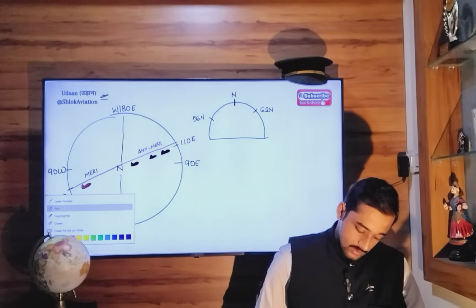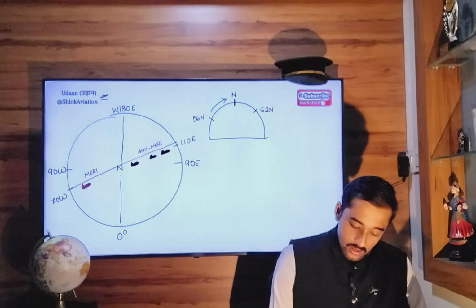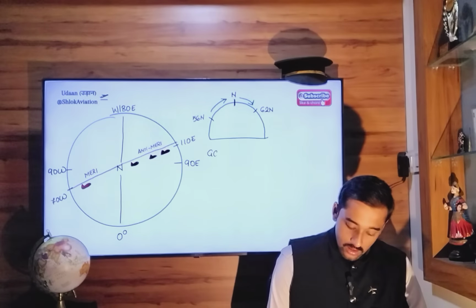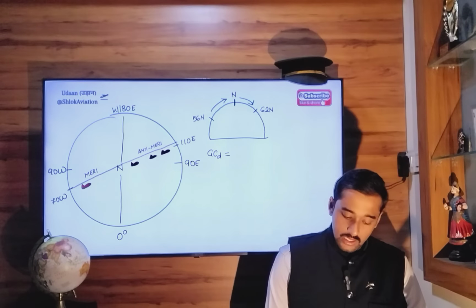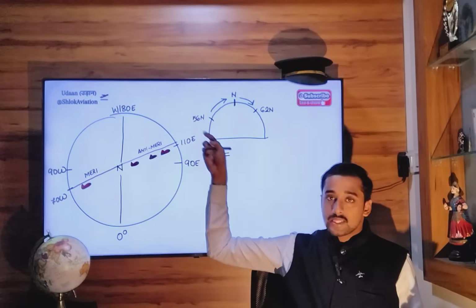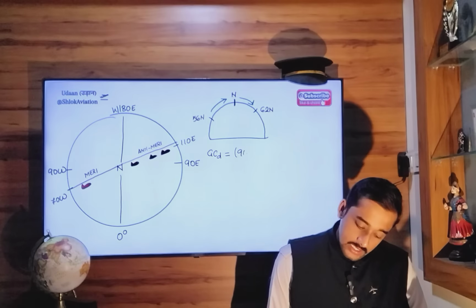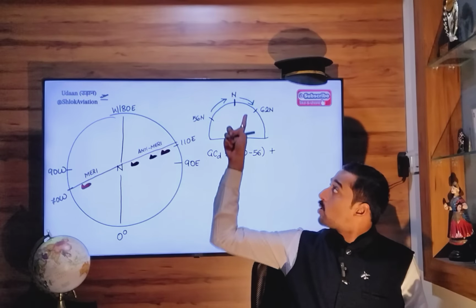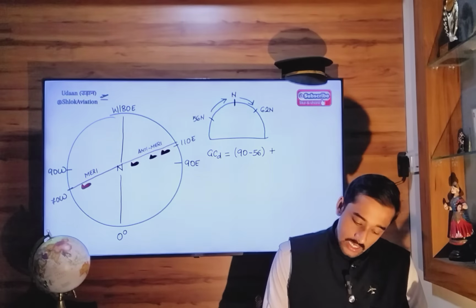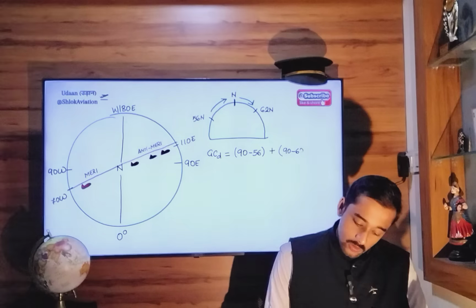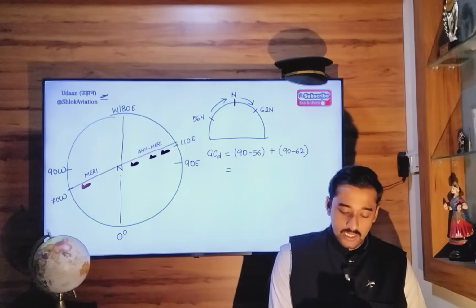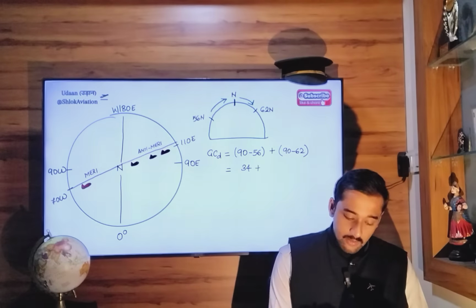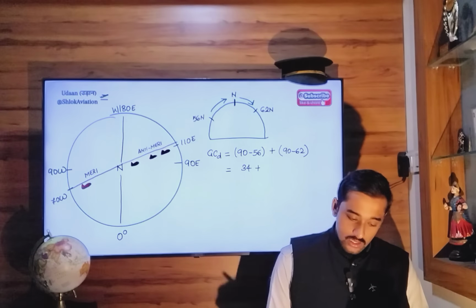So now great circle distance will be equal to distance between North Pole and 56 north, that is 90 degree minus 56, plus distance between North Pole and 62 north, that is 90 minus 62. Now 90 minus 56 is 34. 90 minus 62 is 28.